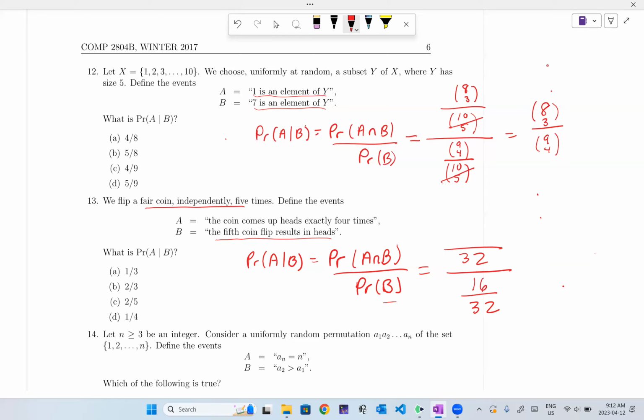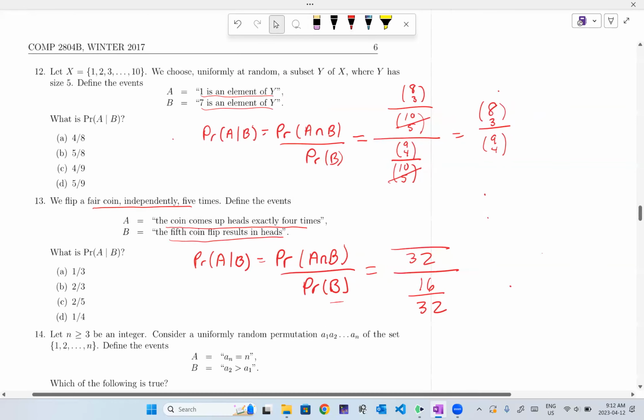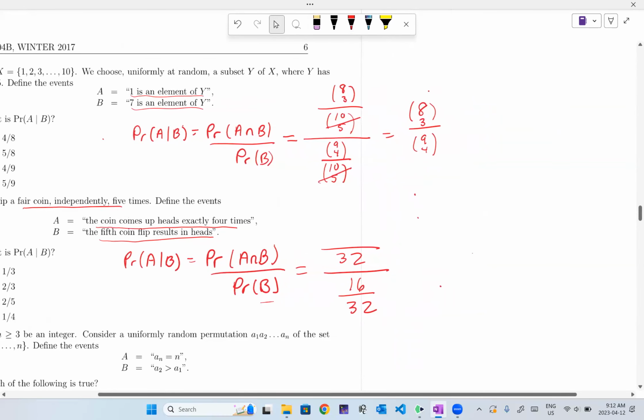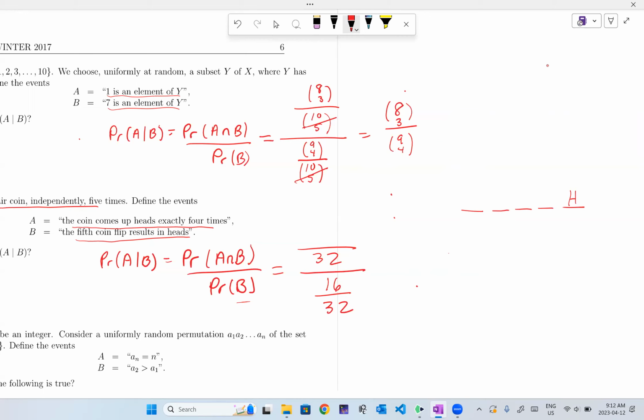A intersect B: the coin comes up heads exactly 4 times, and the 5th coin flip results in heads. So counting that is a little more tricky, but not impossible. I have 5 coin flips. I need A and B to happen, which means the 5th one is heads, and A is the coin comes up heads exactly 4 times, which means that I have 3 other heads somewhere in here.